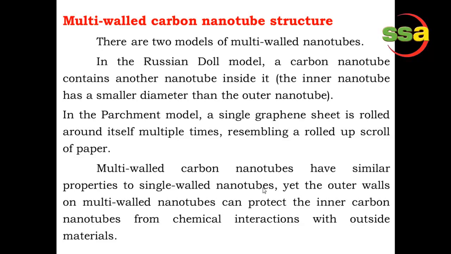The multi-walled carbon nanotubes have similar properties to the single-walled carbon nanotubes, but as we see, the outer walls of multi-walled nanotubes just protect the inner walls. Of course, multi-walled carbon nanotubes have better performance in the properties when compared to single-walled carbon nanotubes, depending on the type of application and the area of application.